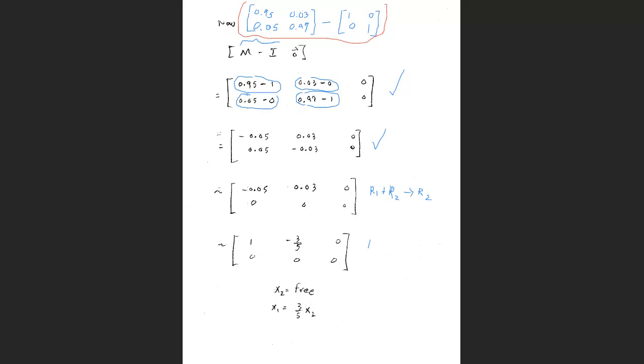I'm taking the first row and multiplying it by 1 over negative 0.05. I'm going to need a little more room here.